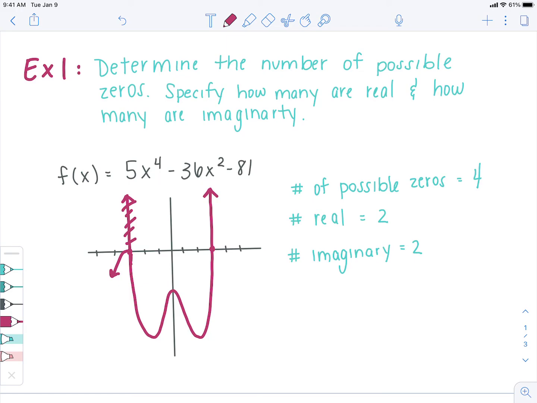So you have to consider the multiplicity when you're looking at them and counting the number of real zeros. Does that make sense? Okay. So make sure you're looking at the multiplicity when you're counting them. So if we had looked back at that original do now question, that had 4 zeros because 2 of them had a multiplicity of 1 and 1 had a multiplicity of 2, so we really had 4 real zeros on that first one.